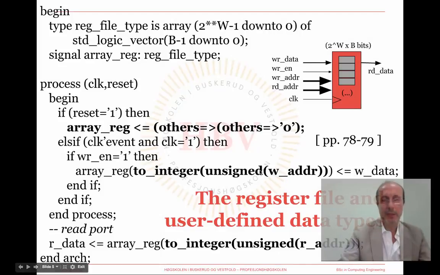But if you take a look at the operators and type conversions table that was presented in an earlier presentation, you will see that there is no direct conversion from standard logic vector into integer. And that is why we have to perform a double type conversion, first from standard logic vector into unsigned, and then from unsigned into integer. And then we can use this value as the index to access the register array. And likewise, we have to do the same when reading.